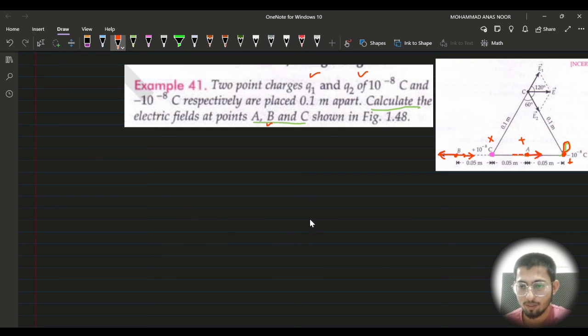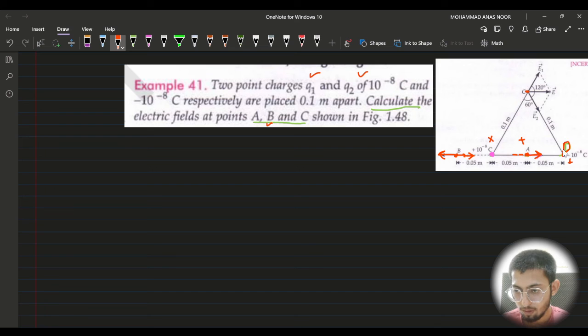See, he has already drawn it for you. So first of all, he has given the length. From X to C, this is 0.1 meters, and from D to C, it is also 0.1 meters, and this was also 0.1 meter. That means that it is an equilateral triangle. Now at C, there would be two electric fields, one due to the charge at X and one due to D.